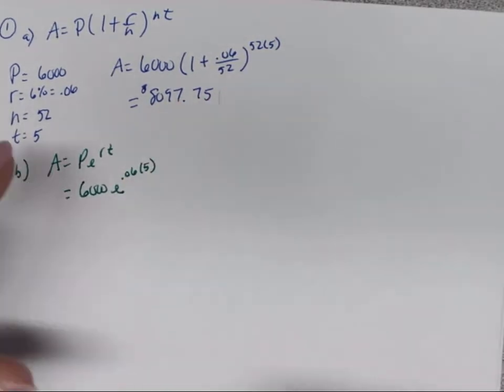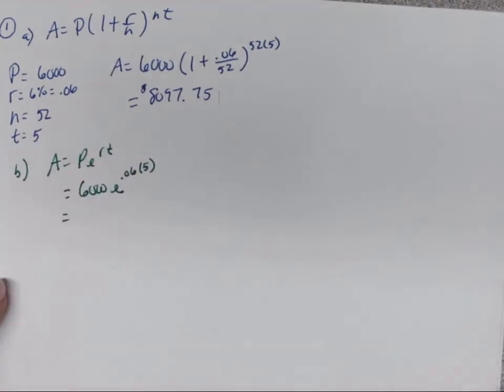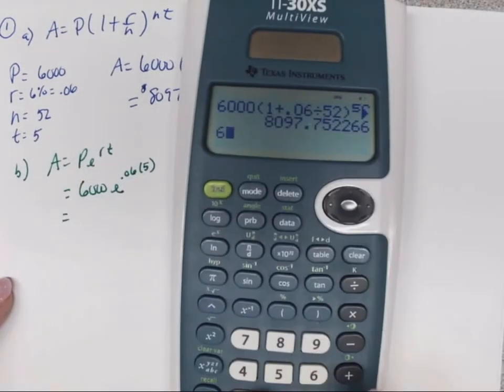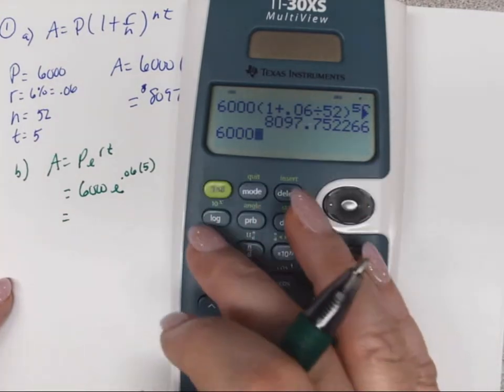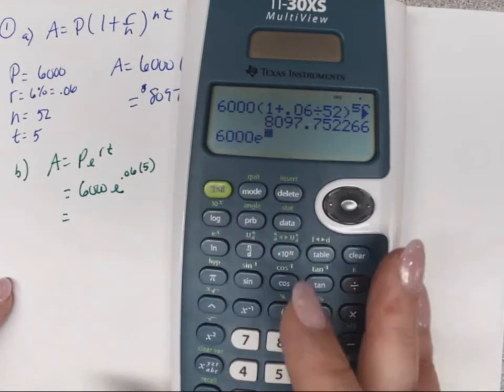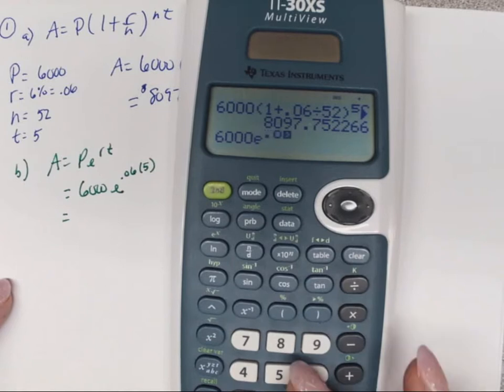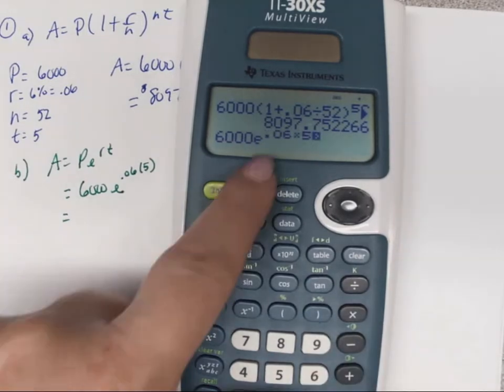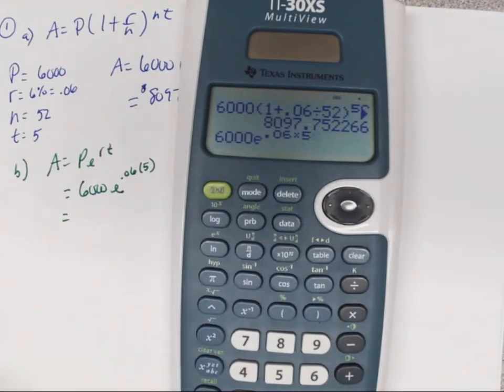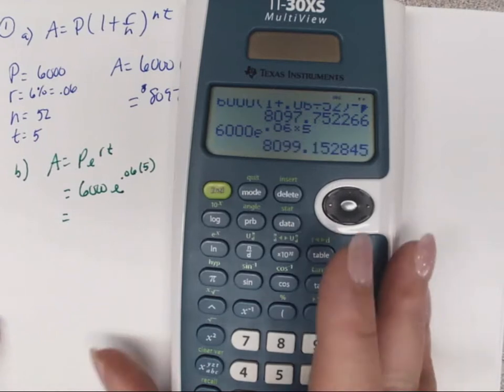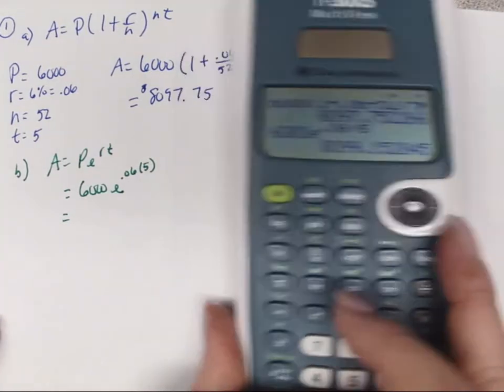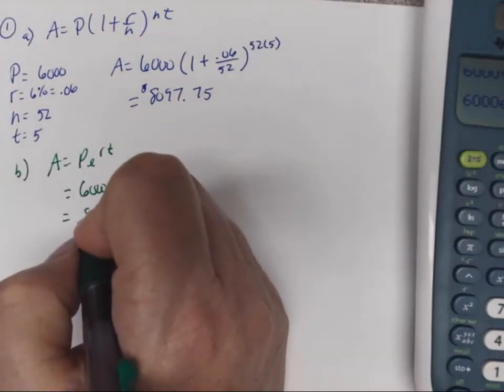The only one you won't use is the N because it doesn't have an N. And again, let's go put that in the calculator. So 6,000, second, e to the x to get the e to the box. So 0.06 times 5. Again, if you don't get a box, you've got to use parentheses and then hit enter. So we're getting 8,099.15.